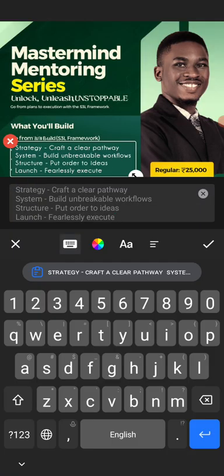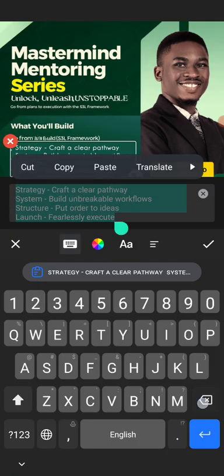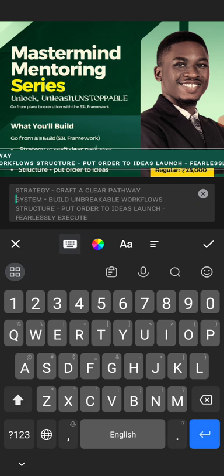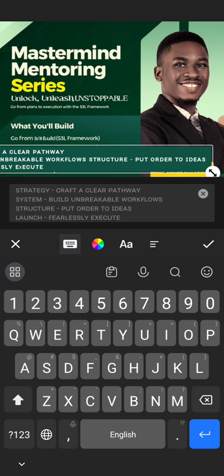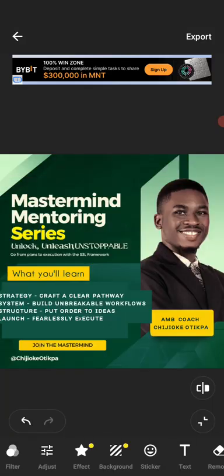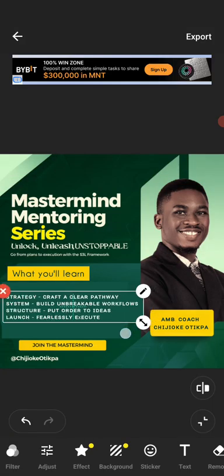So all I need to do here is to come in here, remove this, paste, right? And strategy, craft a clear pathway, system, build unbreakable workflows, structure, put ideas, and then launch, fearlessly execute, put orders to ideas. Yes, and this is what we have.